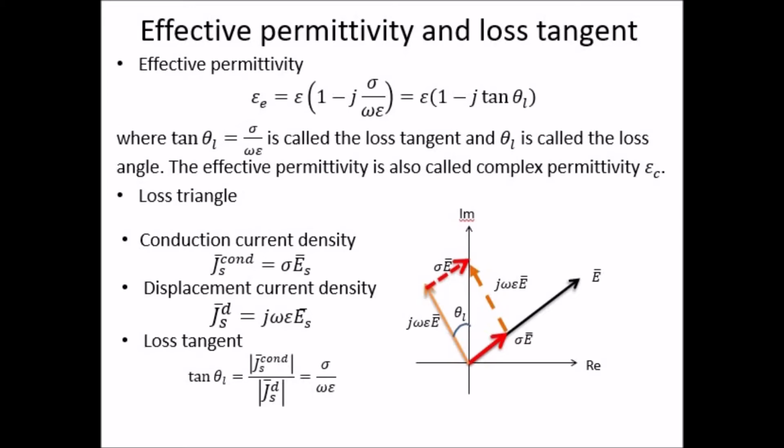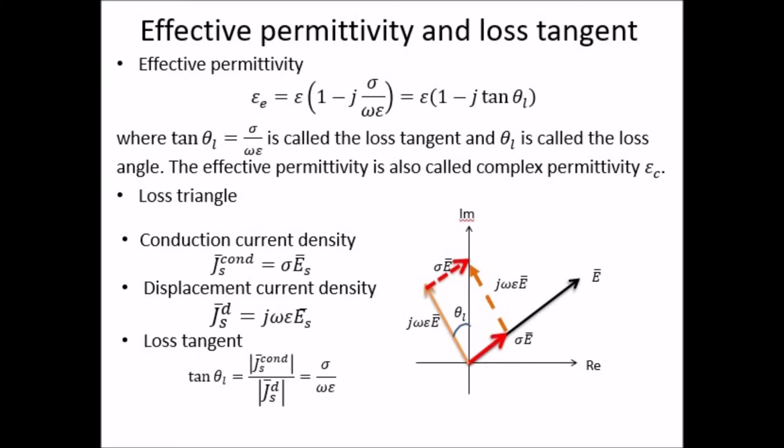We rewrite epsilon_E as epsilon times (1 - j tan theta_L), where theta_L is called the loss angle and tan theta_L is the tangent of the loss angle, and it is called the loss tangent.